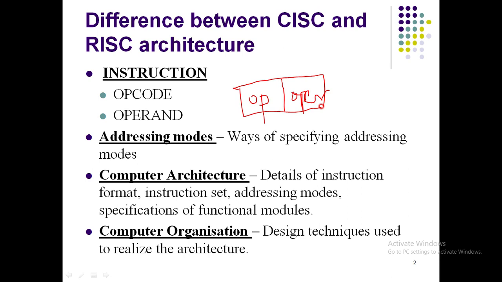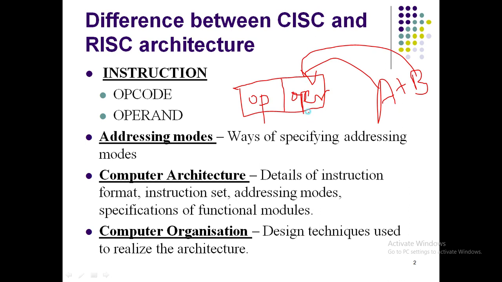So what actually is this opcode and operand? Say for example, I want to add two things. Say I want to add A and B, say A plus B. If I want to do A plus B, this A and B are called your operands.